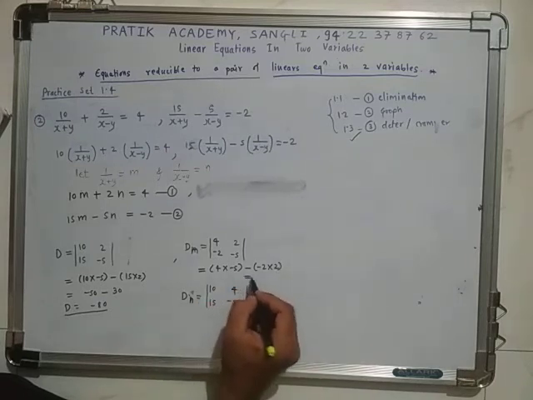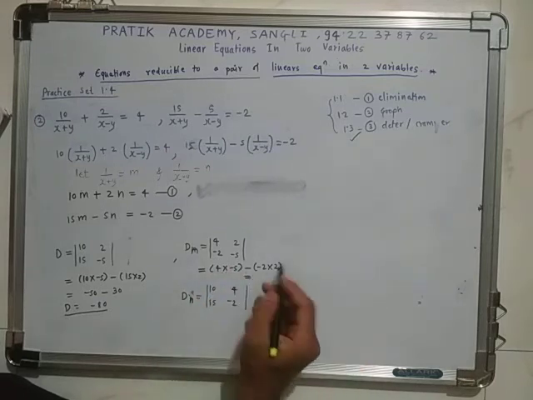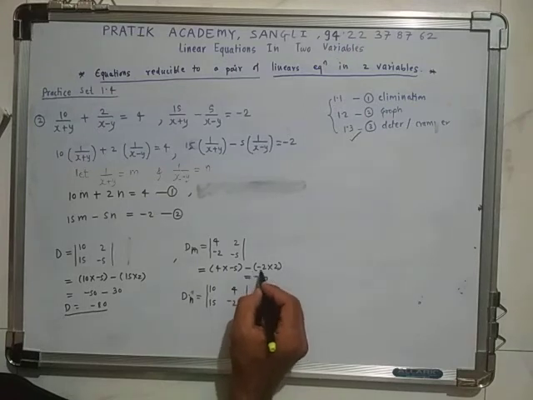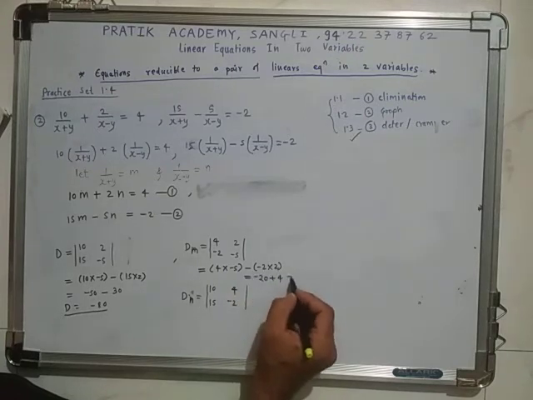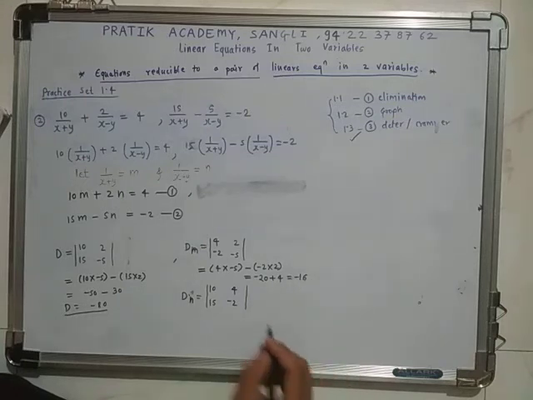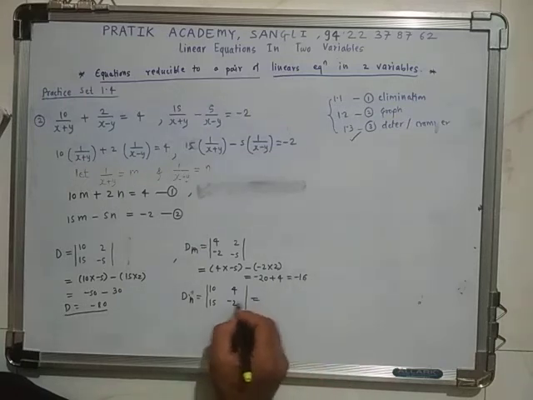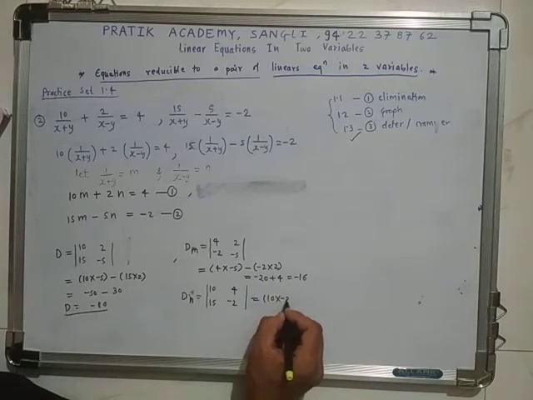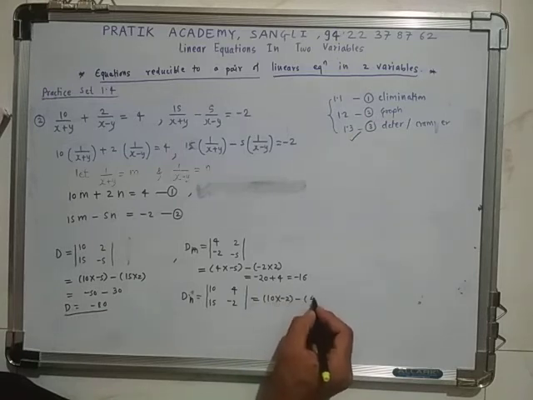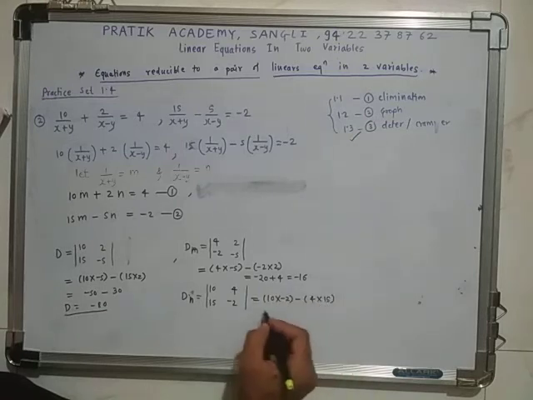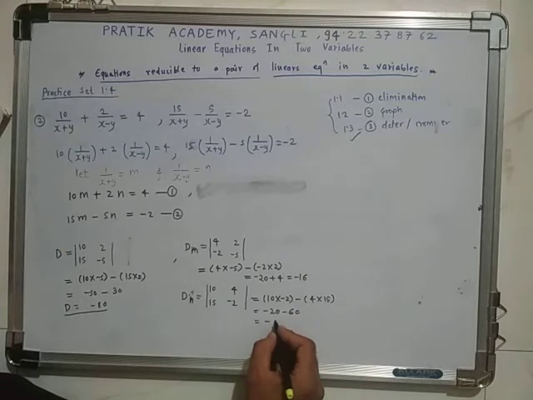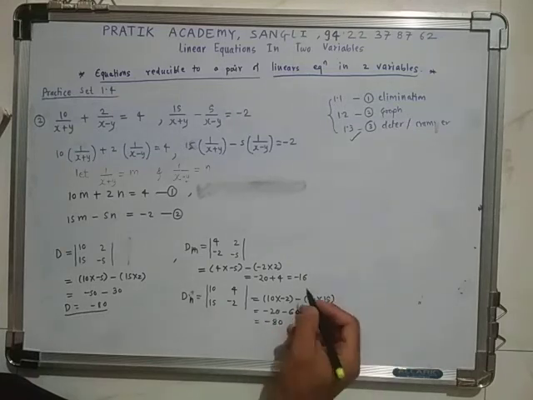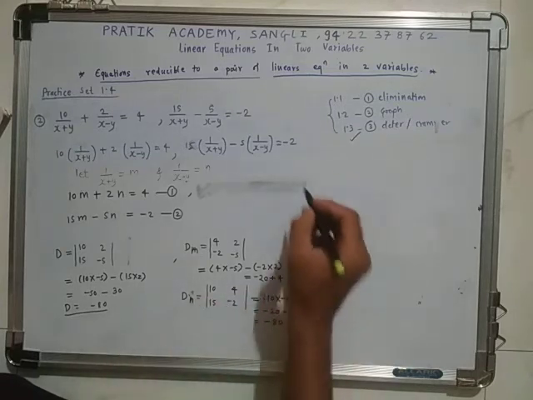So this is minus 20 minus 4, so it is minus 24. Wait, here minus 2 into 2 is minus 4... final is minus 16. Here Dn is 10 into minus 2 minus 4 into 15, so it is minus 20 minus 60, so this becomes minus 80.